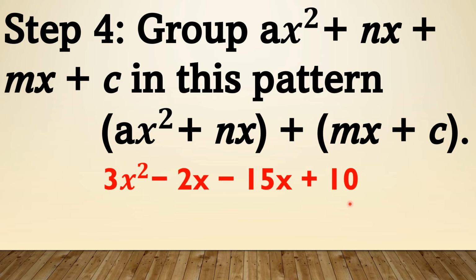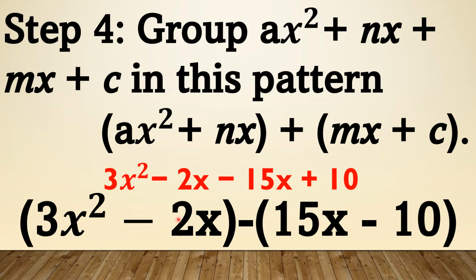So if we're going to group this, we have the first group, 3x squared minus 2x, minus the second group, which is 15x minus 10. Note, the operation used in the second group was changed. From plus, it was changed to minus.